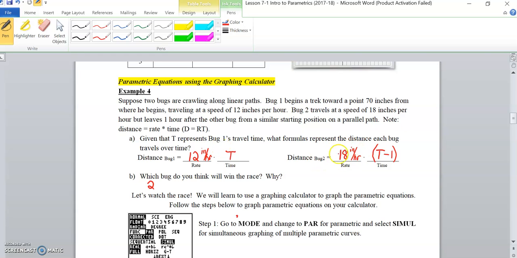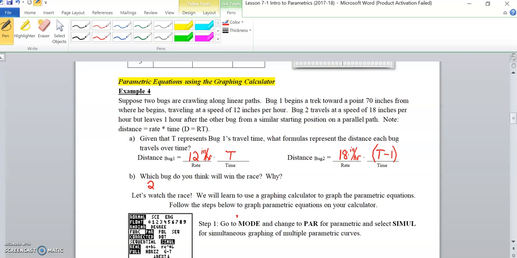Bug 2, after 2 hours, is 18. At 3 hours, this is the critical point, because at 3 hours you've gone 12, 24, so you've gone 36 inches for bug 1. And in 3 hours, you look at the same thing for bug 2, it's 0 after 1 hour, 18 after 2, and then 36 after 3.